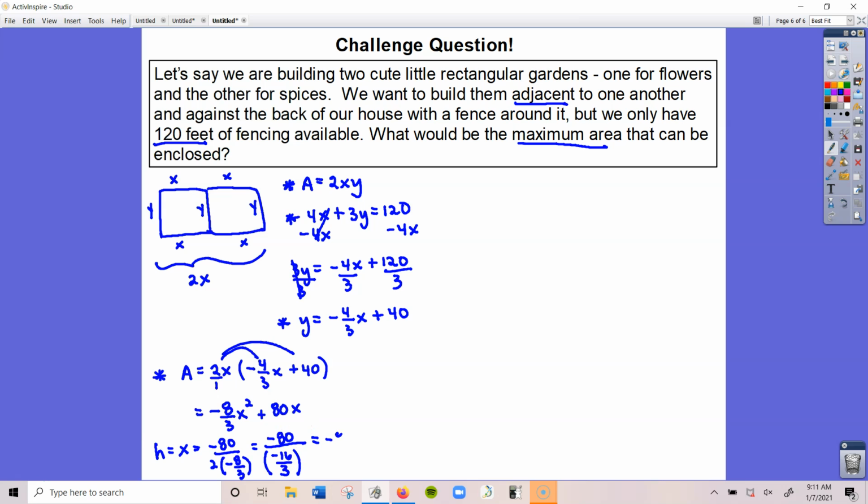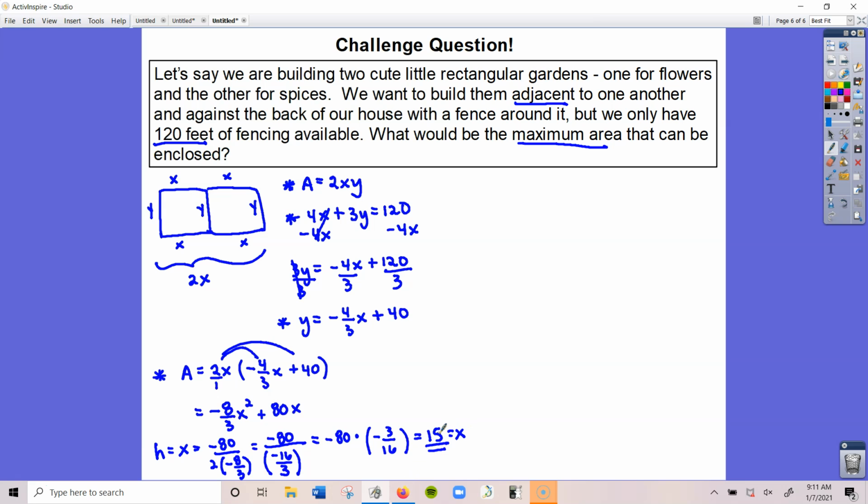So I'm going to copy the numerator, change to multiplication, and flip the denominator, so negative 3 over 16. And now we multiply. When we multiply this together, 80 times 3 is 240, and 240 divided by 16 is 15. And it's going to be a positive 15, since a negative times a negative is a positive. So that is my x.